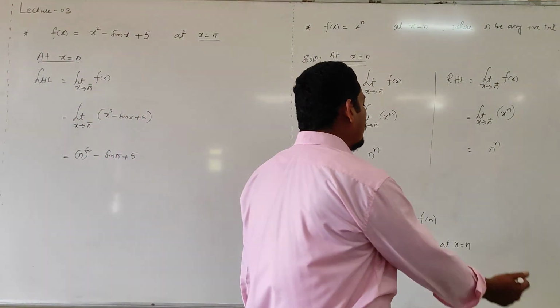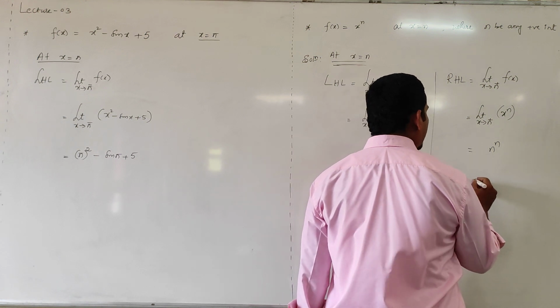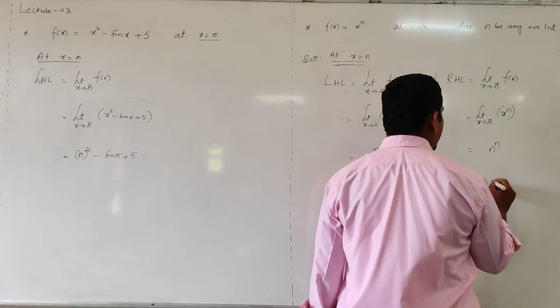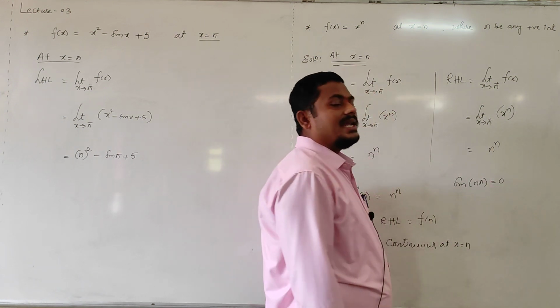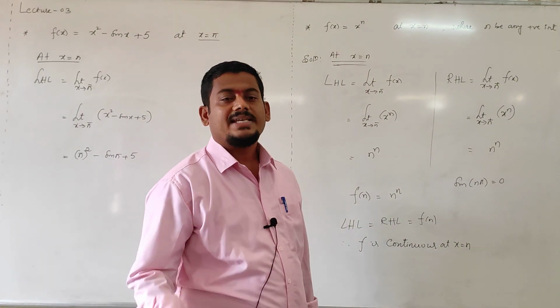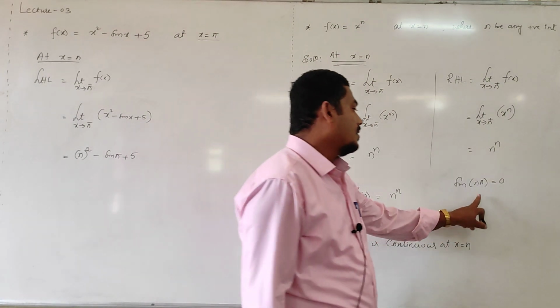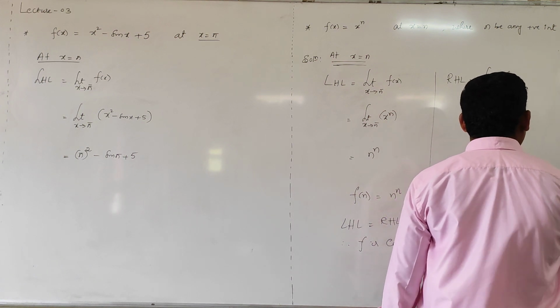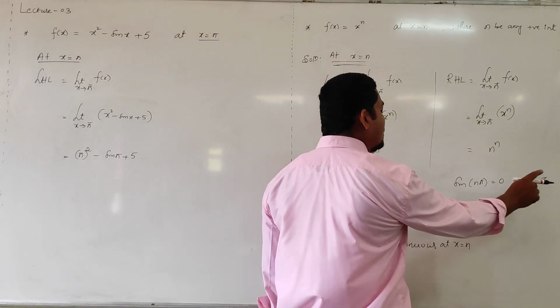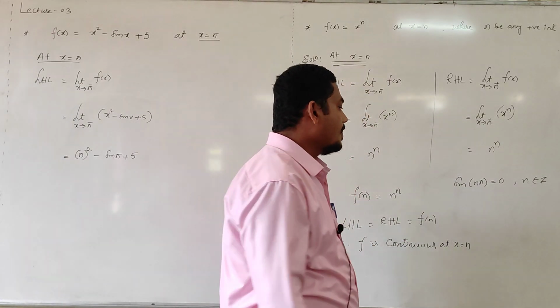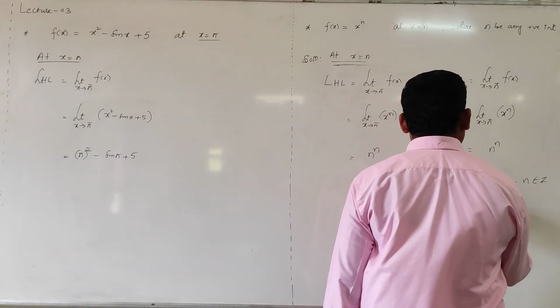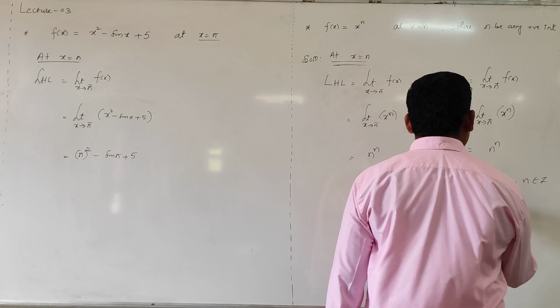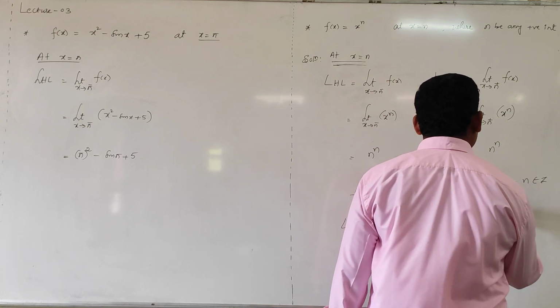Sin n pi equal to 0, where n is any integer. For all integers, sin of any multiple of 180 degrees is 0 only. And what is cos n pi?